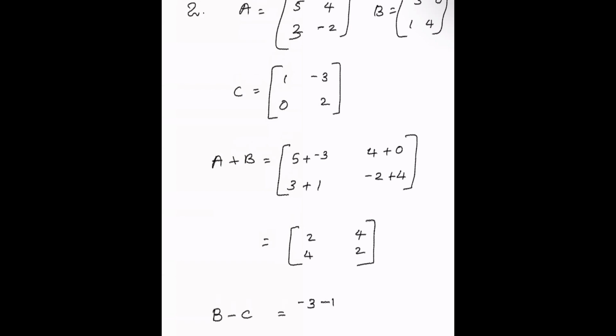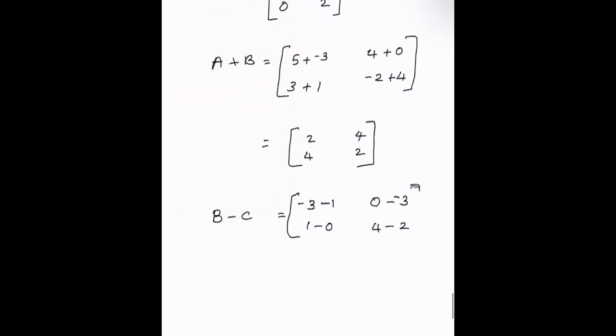Second element, 0 minus minus 3. Second row, first element, 1 minus 0, and 4 minus 2. This is how B minus C will look like. Now you just need to solve: minus 4, positive 3, 1 and 2. So this is going to be your B minus C.